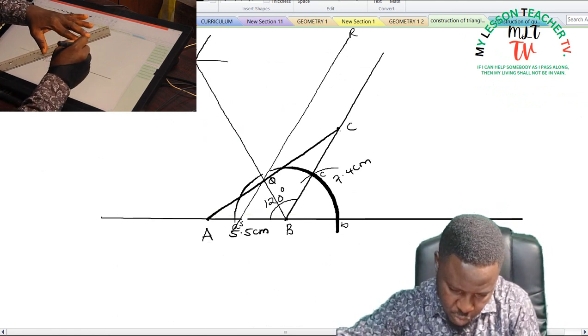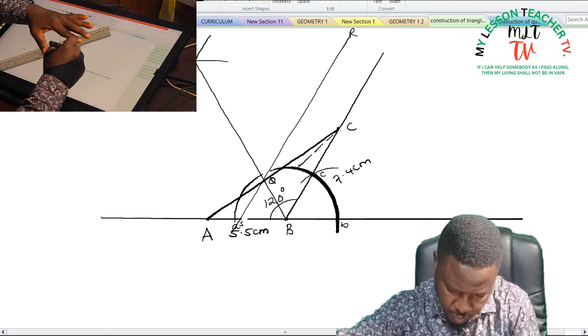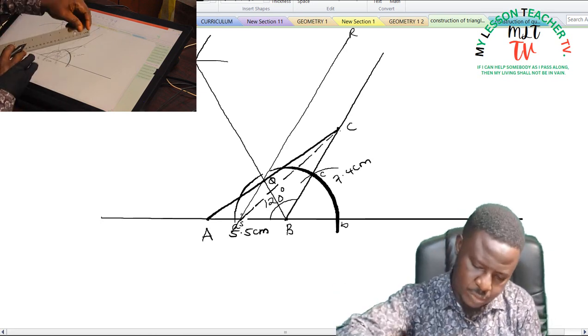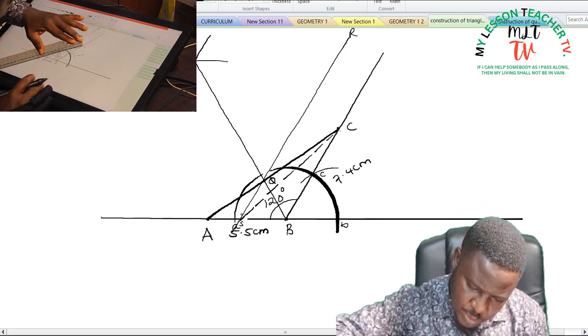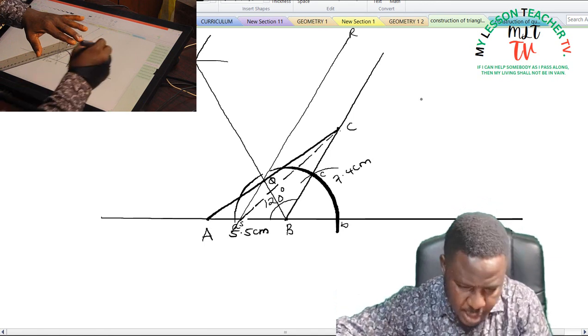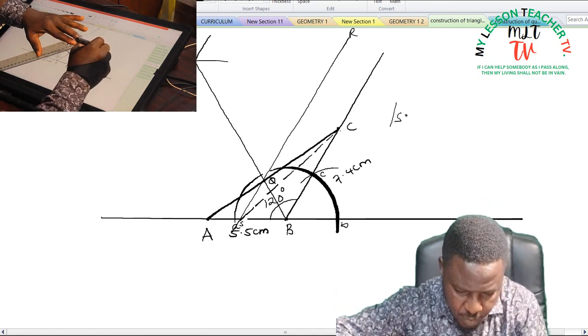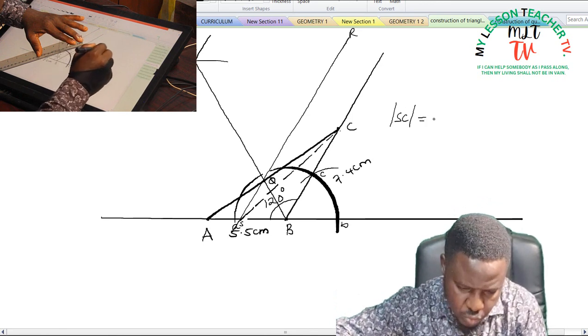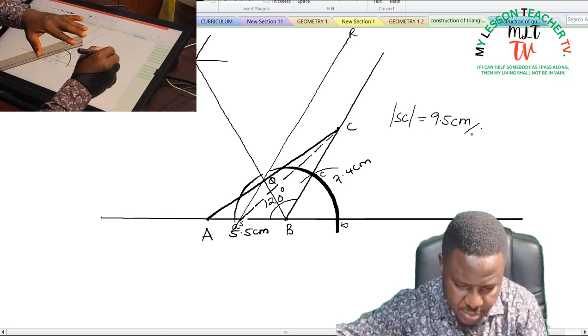So let me use a broken line and measure. When you measure SC, line SC from my own construction is 9.5 centimeters.